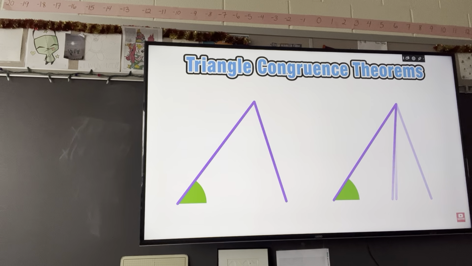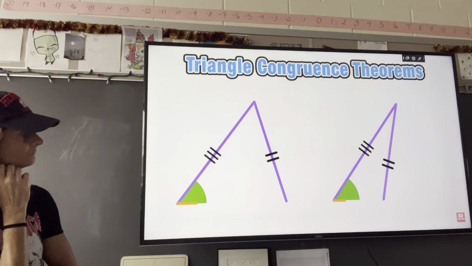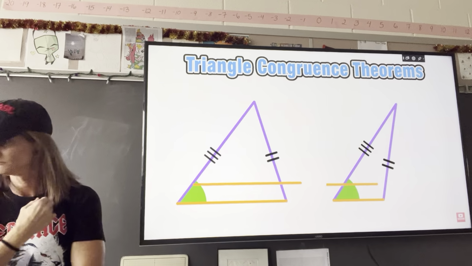So I could take that side and swing it over to a new location and still show that angle-side-side is the case here, no matter how I choose to draw that second triangle. And I have the option of drawing it either way, since that's an isosceles triangle, so both of those sides are definitely congruent to each other. Now if I draw it this way as an acute triangle, I see that I have angle-side-side, however, the base of each triangle clearly are not the same, and these triangles clearly are not congruent.